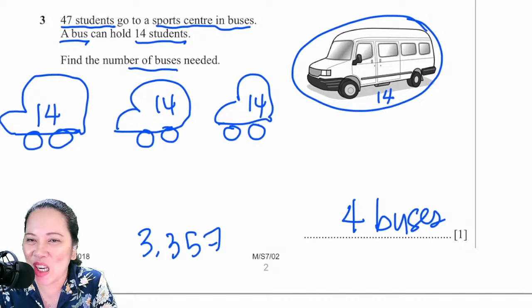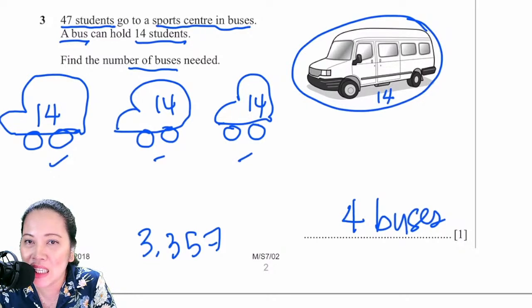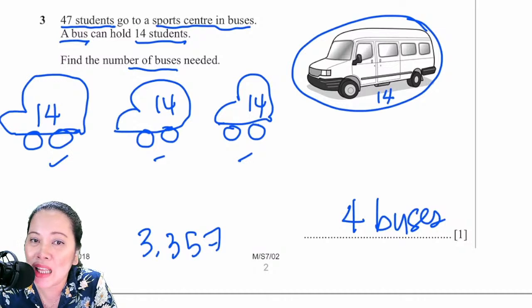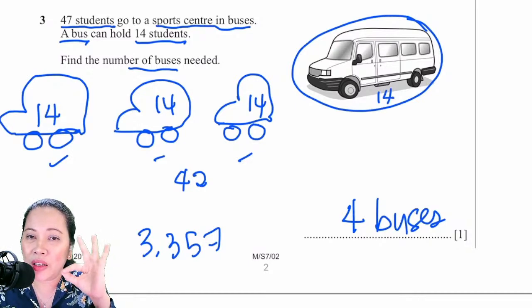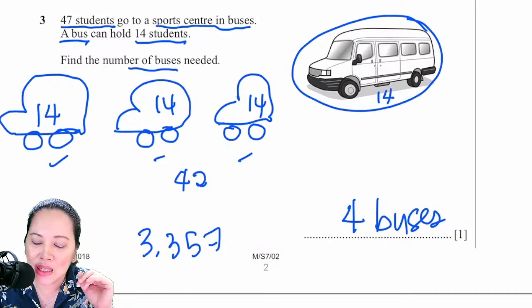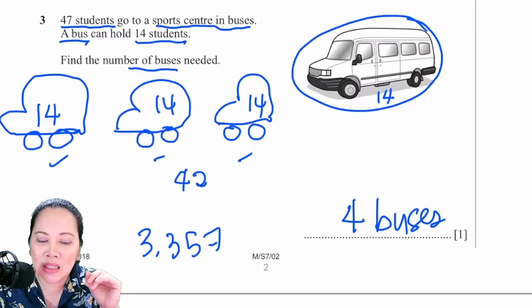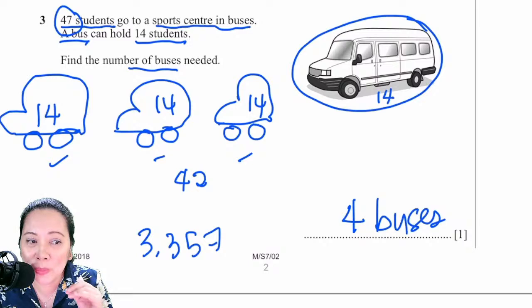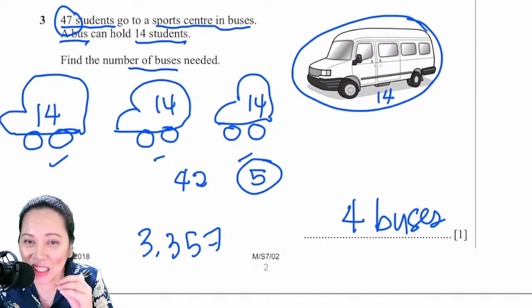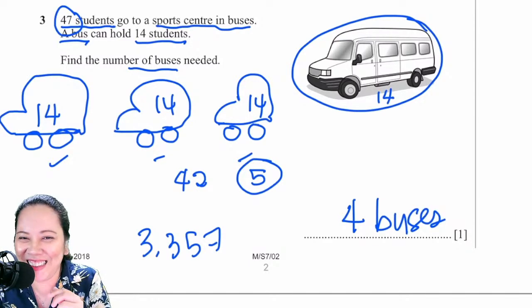So each bus has 14. So 14, 14, 14. That's a total of 14 times 3, which is 42. So you have already occupied 42 seats inside your 3 buses. Because there are 47 students, there are 5 who will be left behind, just running, no bus.